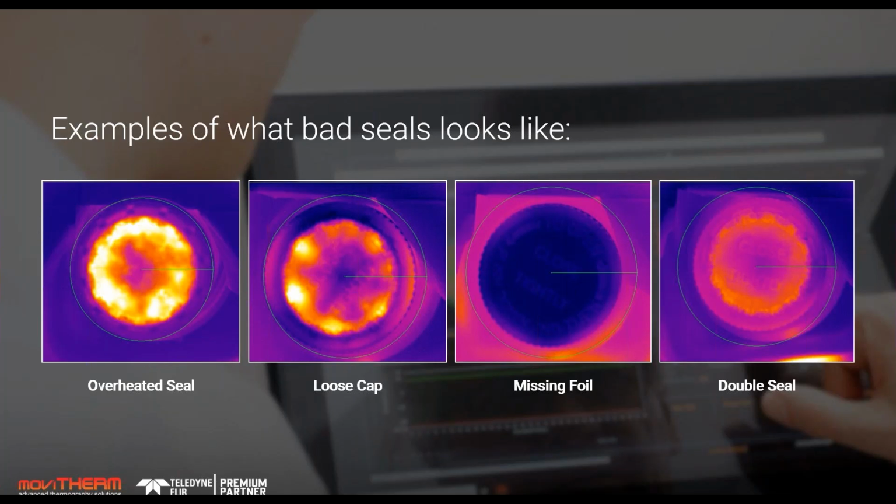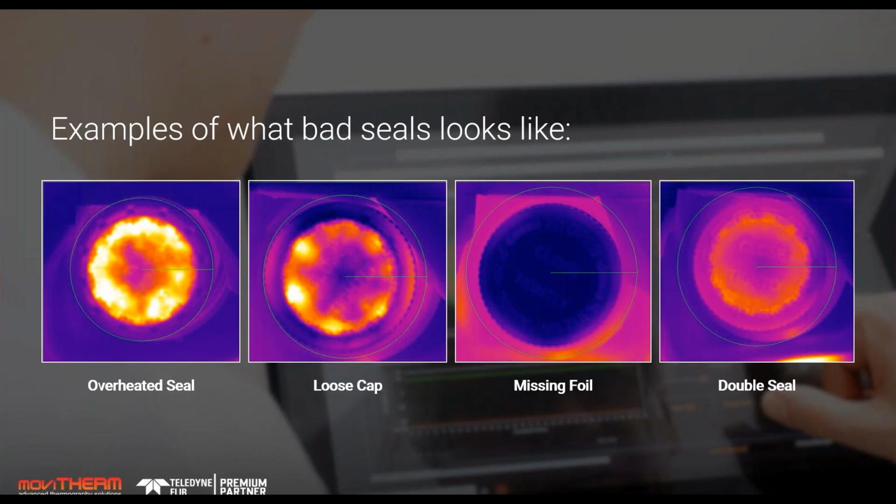Yeah, the one on the left, sometimes it's hard because the IR camera will auto adjust. So just looking at an IR image, you don't really know if that's overheated or not. That's why it's so important to base our decisions on temperature data rather than just pattern recognition. So we're getting temperature data and basing our alarms on that.